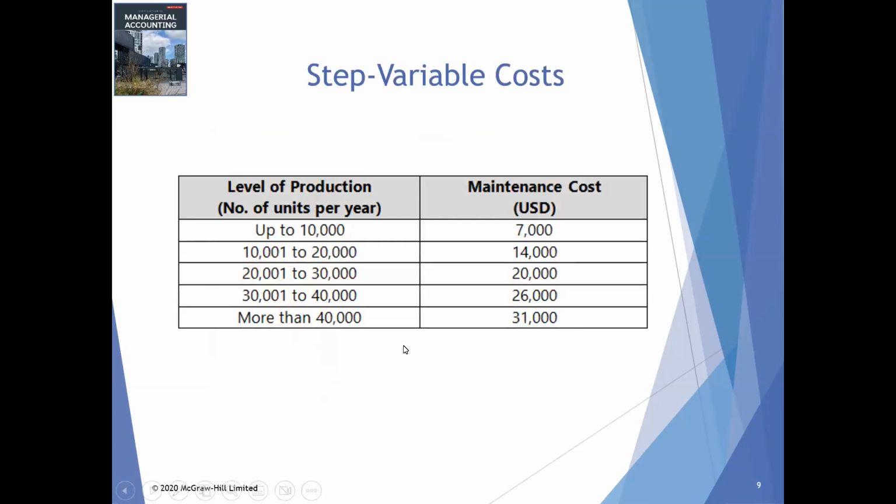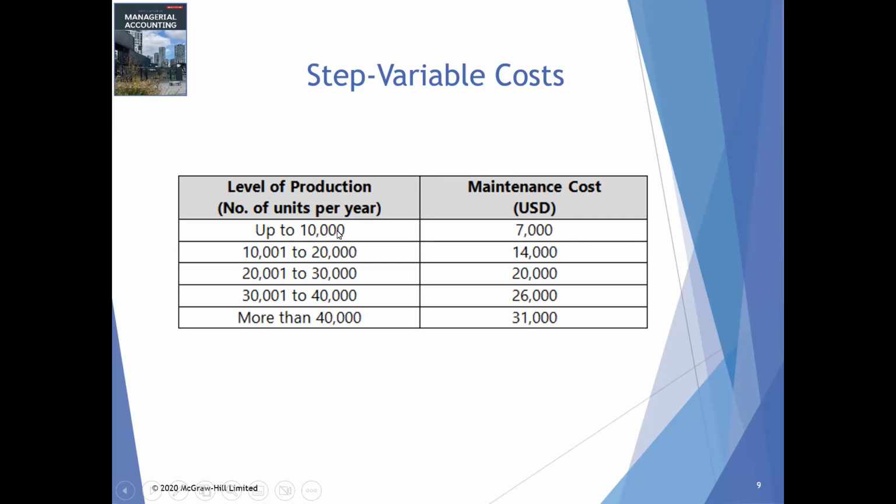Now, step variable cost. This is one example in front of you. Level of production, number of units per year. For example, if number of units per year is from 1 to 10,000, then the maintenance cost will be $7,000.